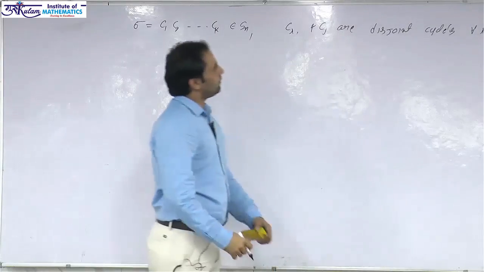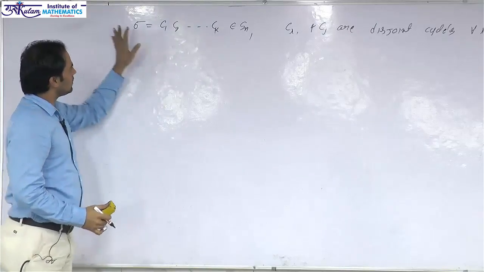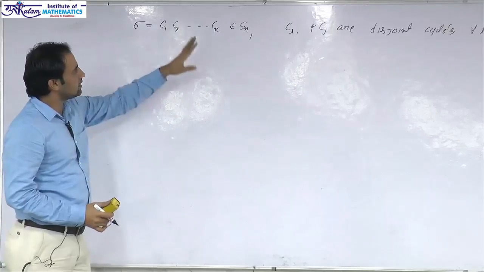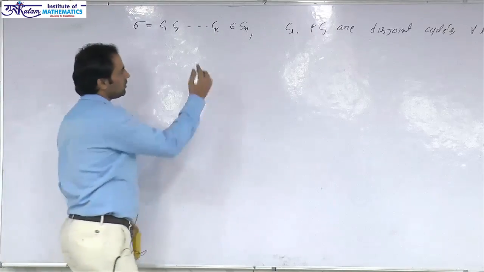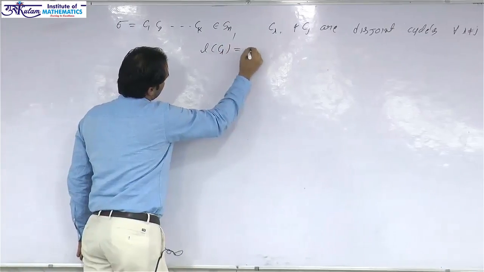We know that every permutation can be represented as a product of disjoint cycles. So sigma is a product of k disjoint cycles. Also assume that the length of each cycle Ci is say Ri.